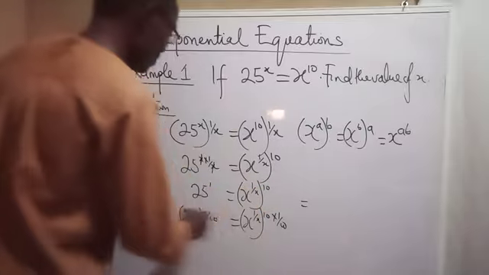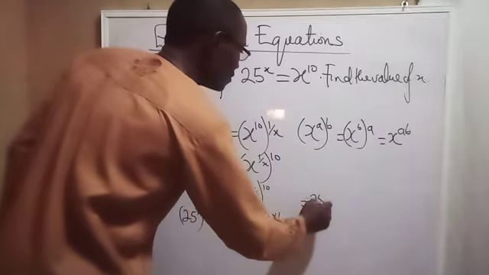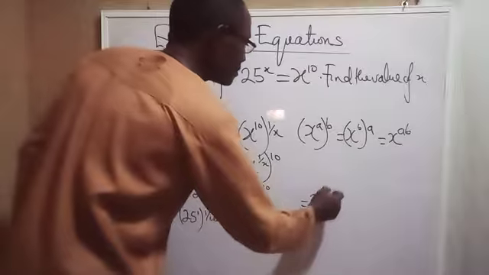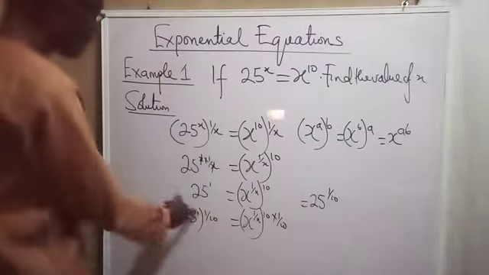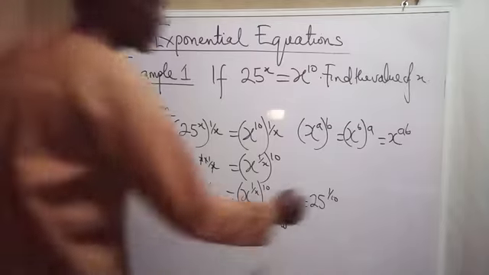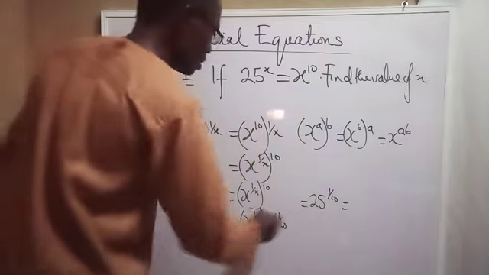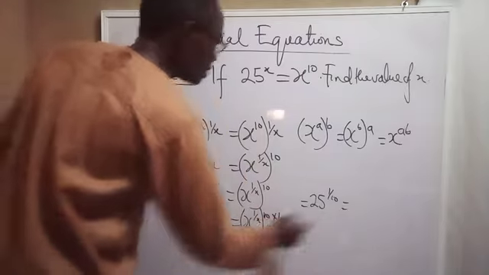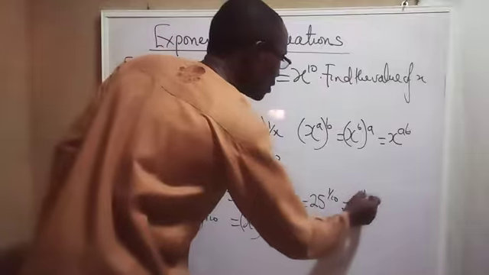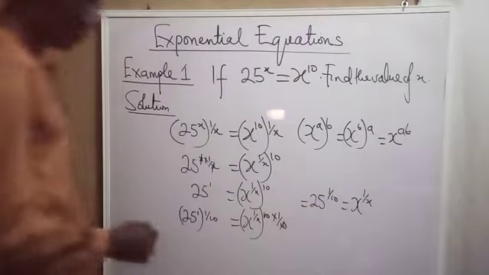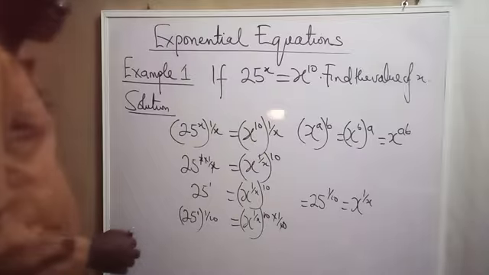Now let's write it there. This is 25 raised to the power 1 over 10, because 1 times 1 over 10 is that. Then it's equal to, this will cancel this, you have x raised to the power 1 over x. I hope we are following. All right.